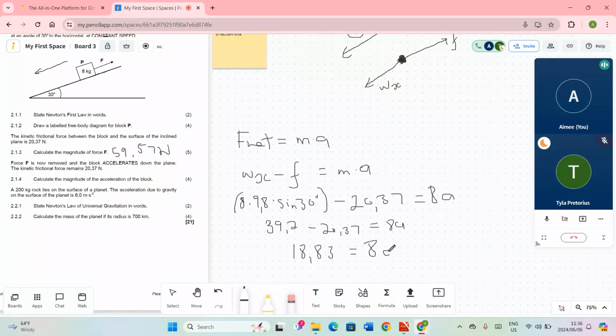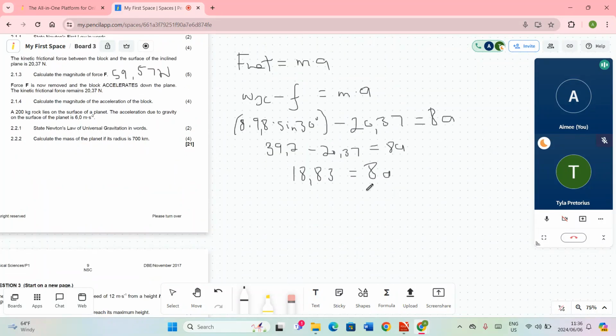equals 8a. We just want a on its own, so we divide this side by 8. We divide this side by 8. And acceleration is equal to 2.35 meters per second squared.